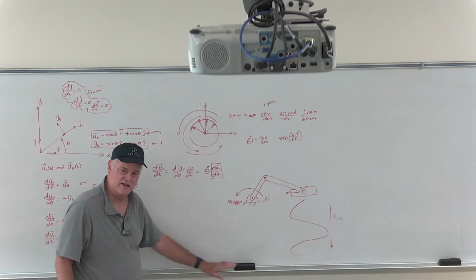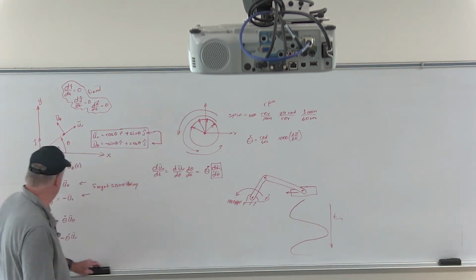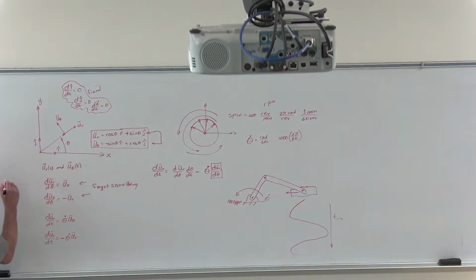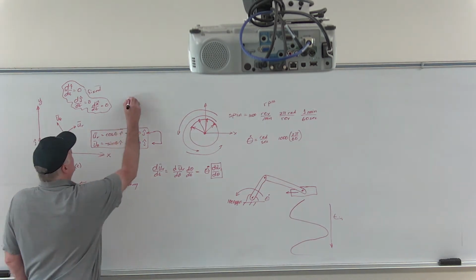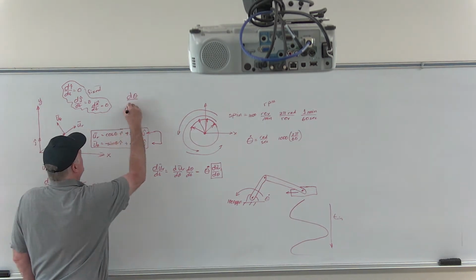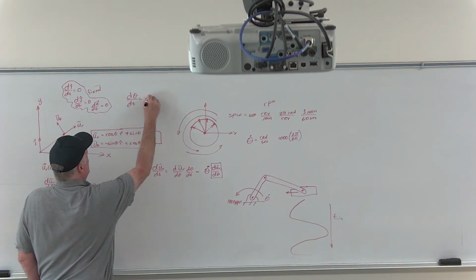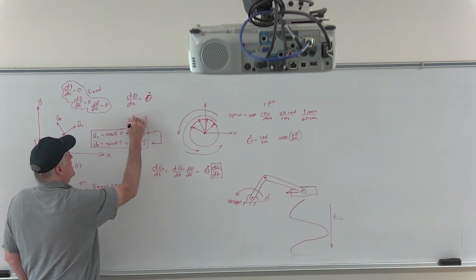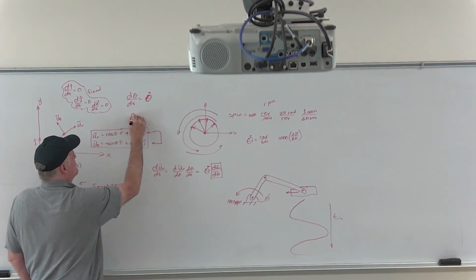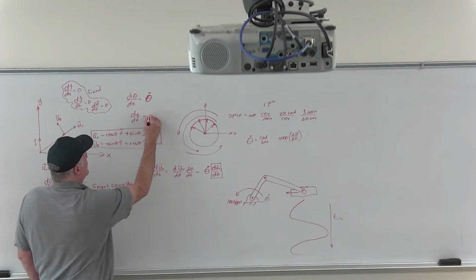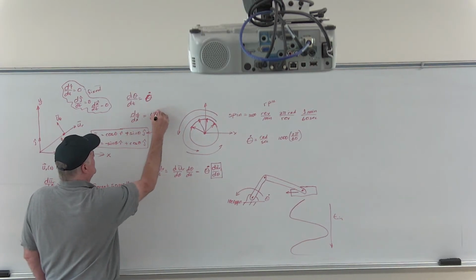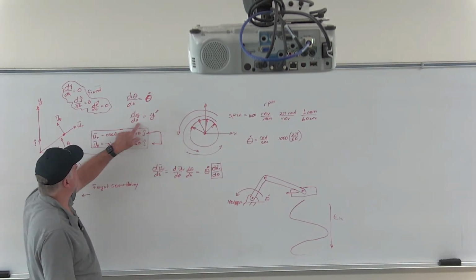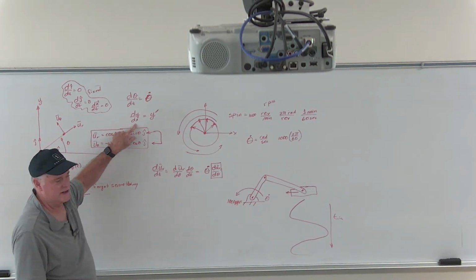Does that make sense? So theta dot, okay, and this is something I've noticed too. Change in rate of theta with respect to time is in fact theta dot. I mean, it's the same thing. You know how back a while ago in calculus you had this, and what they did is they used a prime to make it so that they didn't have to write so much, is all they're doing.